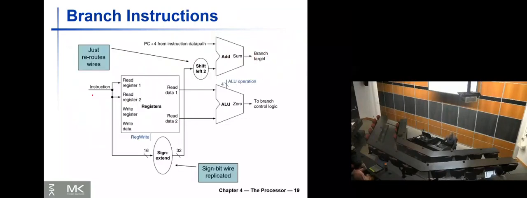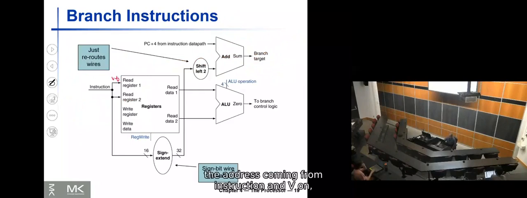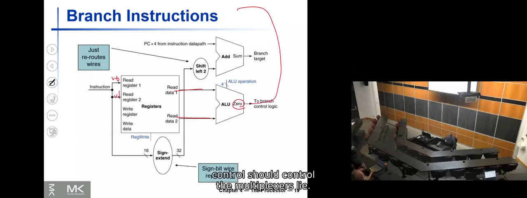Look at that. So in our case, V0, the address coming from the instruction, and V1, the value coming out of here, they are subtracted, and the 0 output comes out of here. And this 0 output should control the multiplexer.